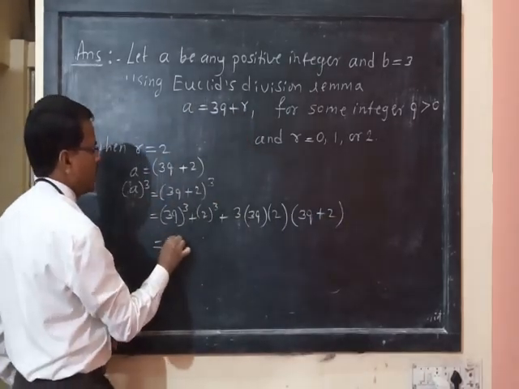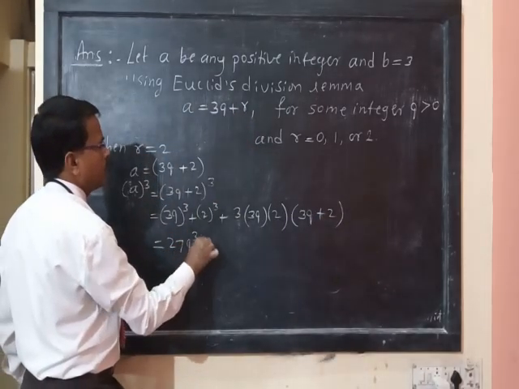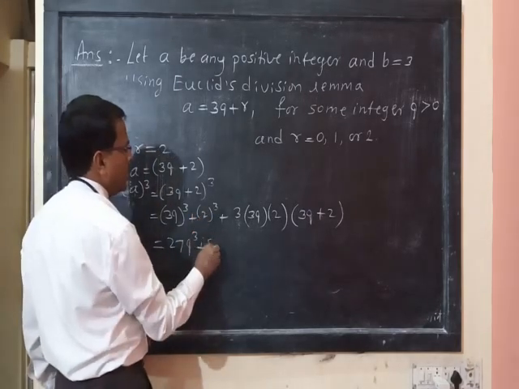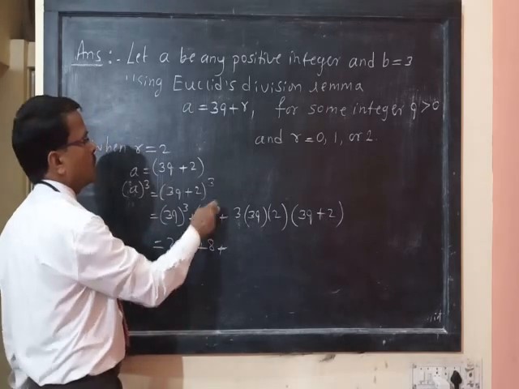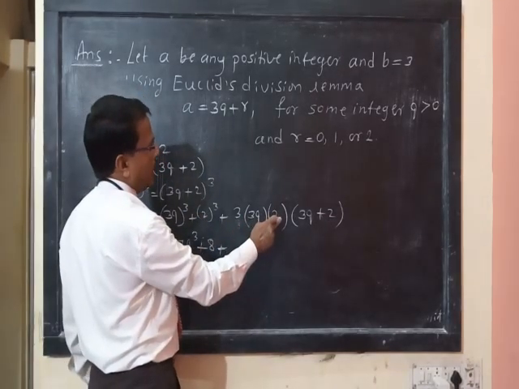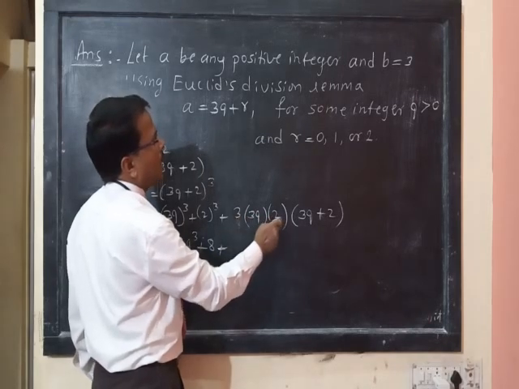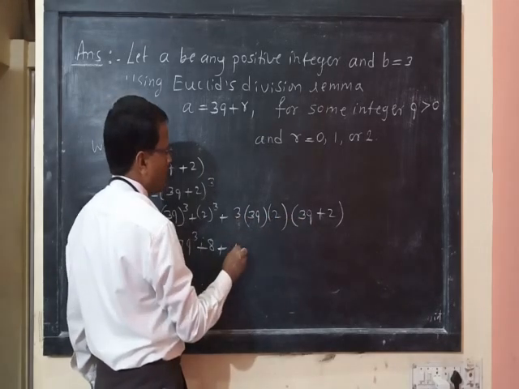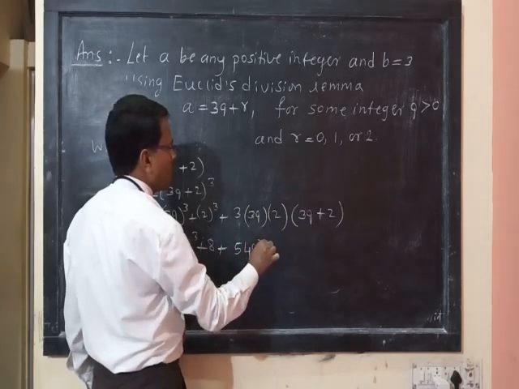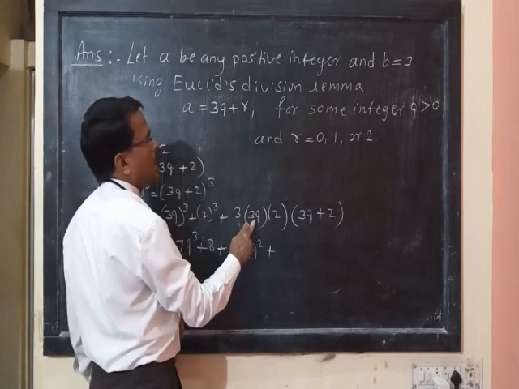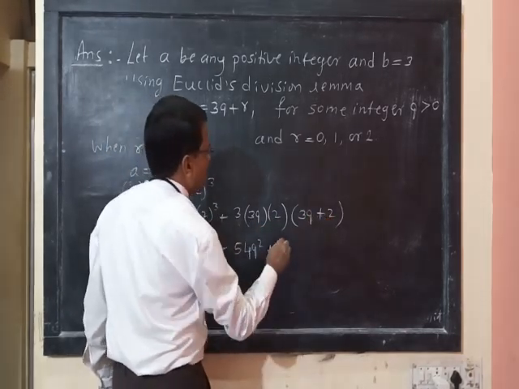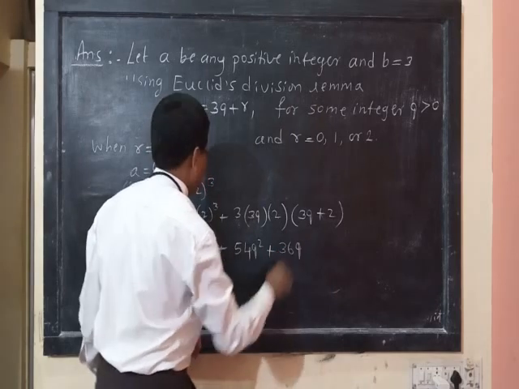So this is 27 q cube plus 2 cube is 8, plus 3 3s are 9, 9 2s are 18, 18 3s are 54, 54 q square plus 3 3s are 9, 9 2s are 18, 18 2s are 36, 36 q.